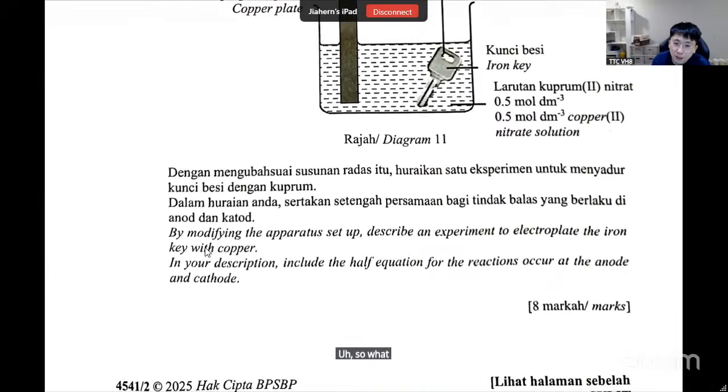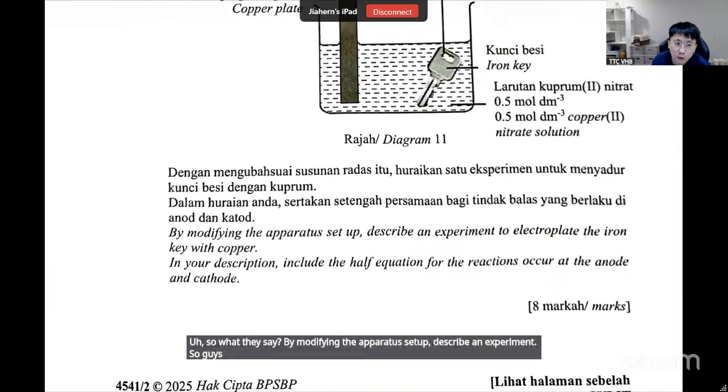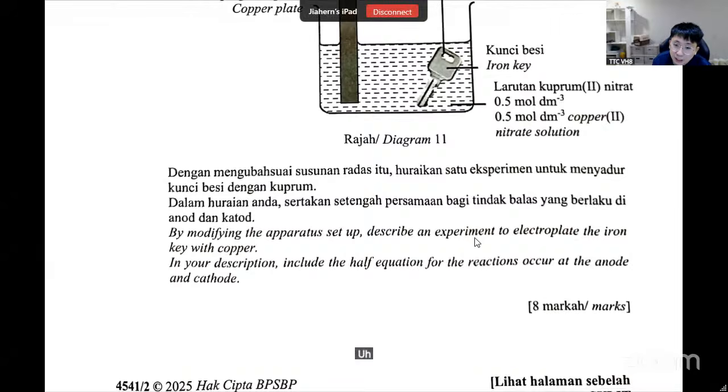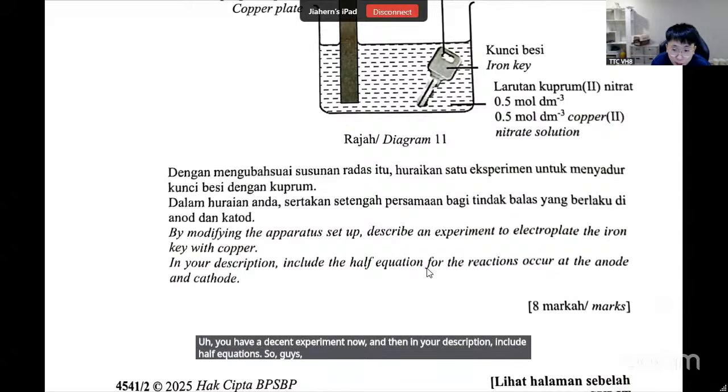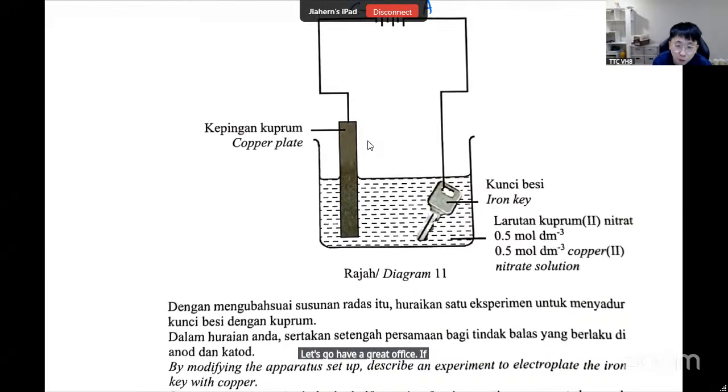So what they say, by modifying the apparatus setup, describe an experiment. So guys, the first thing is, you have to describe the experiment, and in your description, include half equation. So let's go with half equation first. If you want to do electroplating, you want copper plate to dissolve and coat outside the iron key, right?